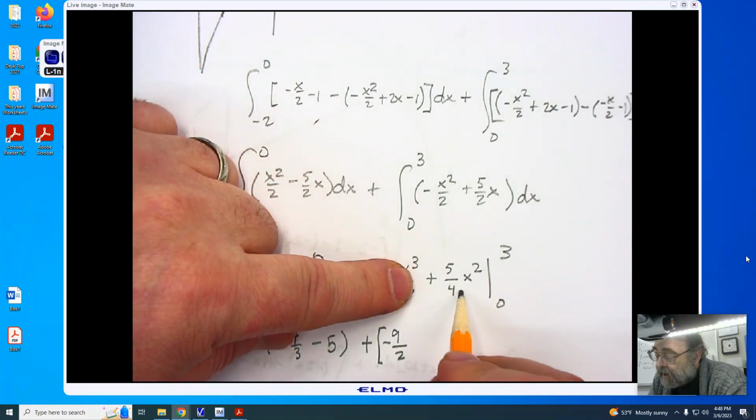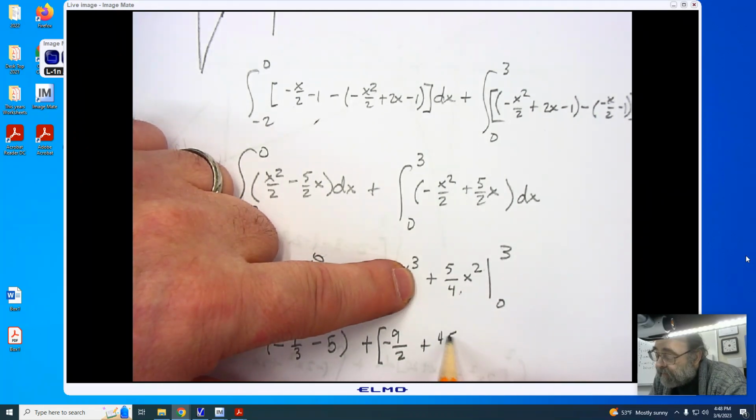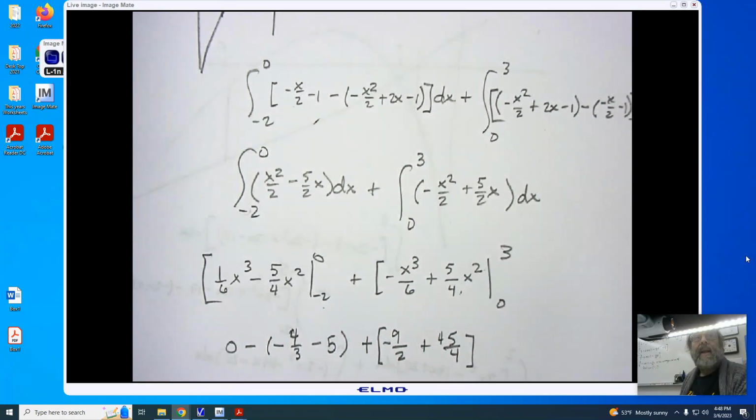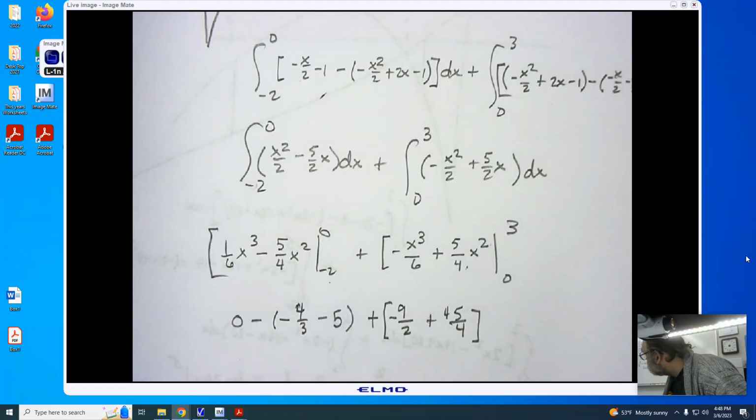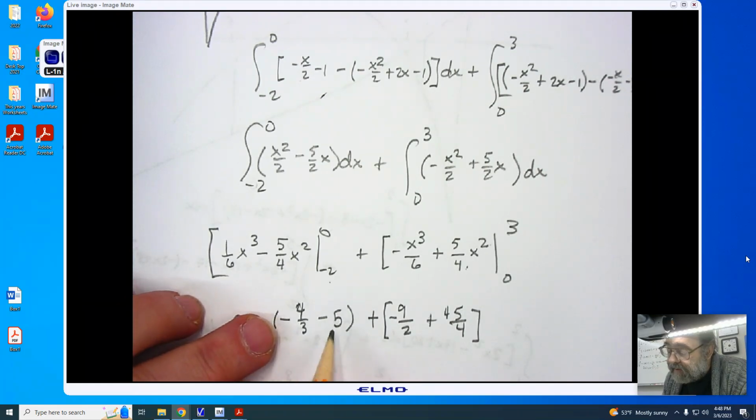Then we're putting our 3 in here, and this is giving me plus 45/4. And this is what we're trying to add together. And please be aware, this is going to give me 19/3.